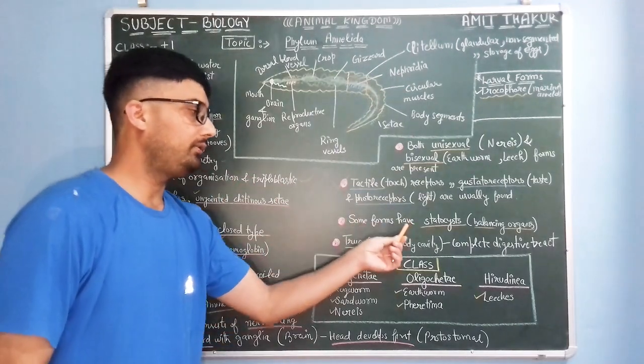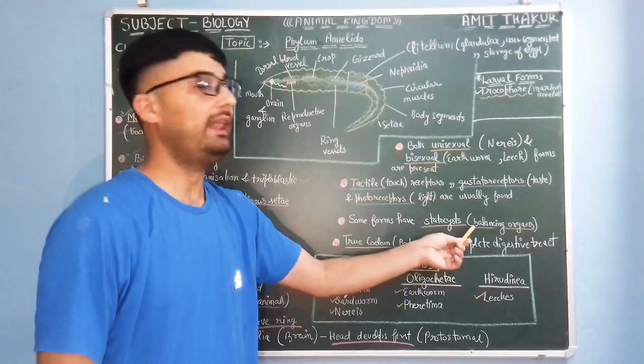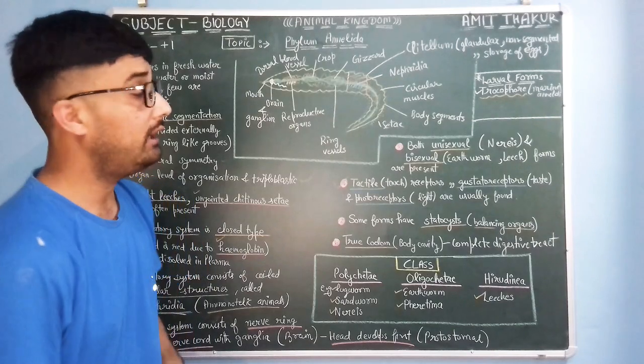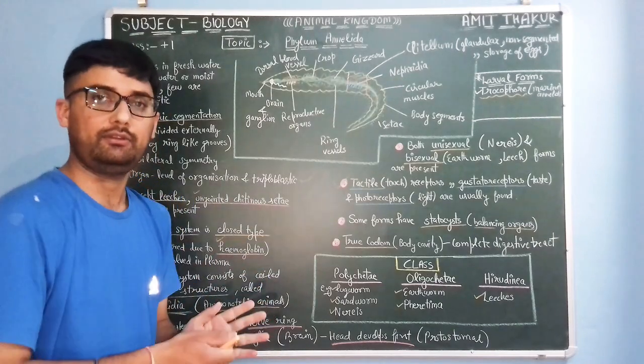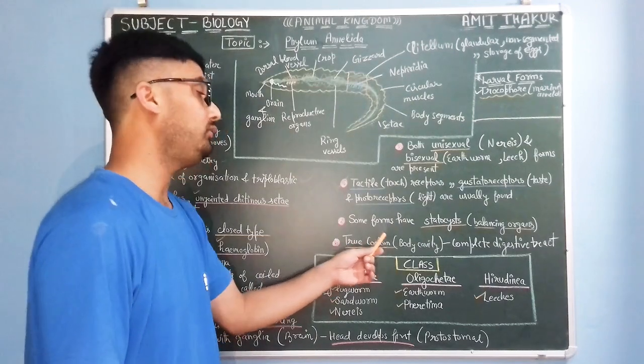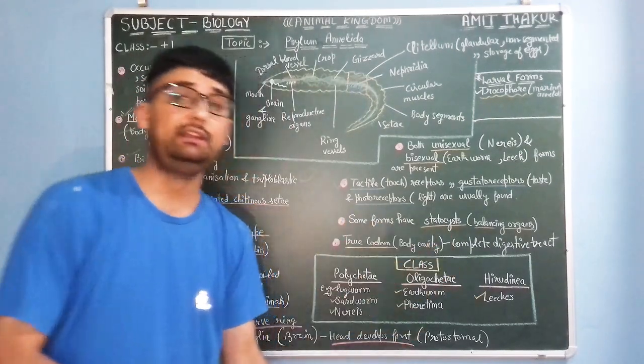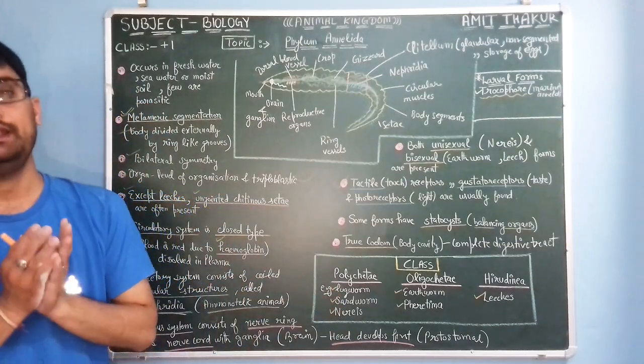There are some forms which have statocysts or balancing organs, which are characteristic features of higher animals also. They have a true coelom, that means they have a body cavity, and a complete digestive tract or alimentary canal.